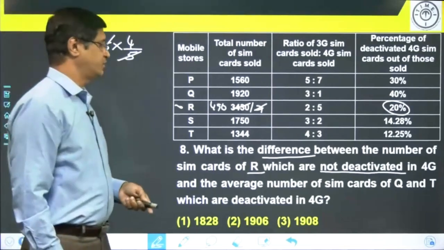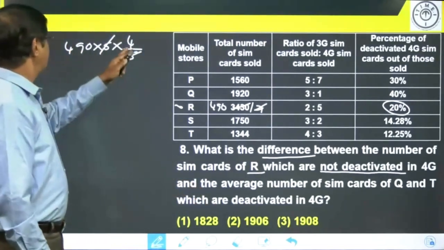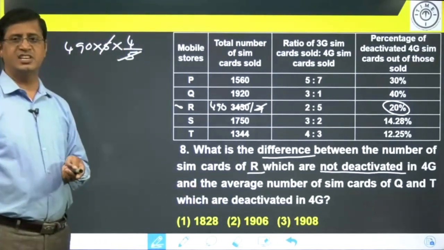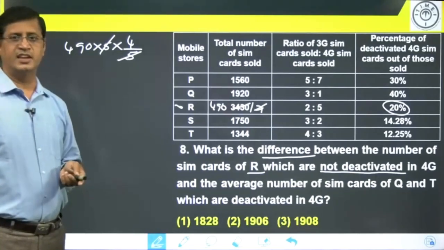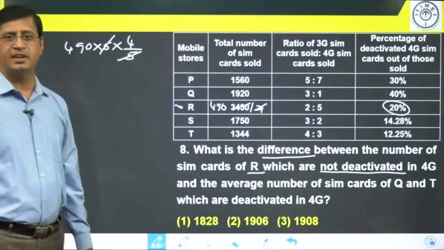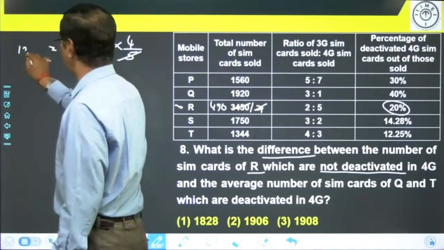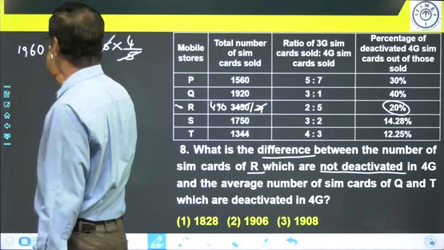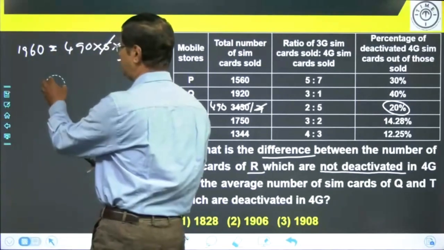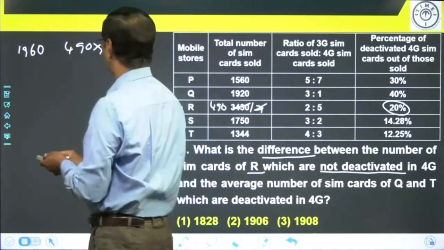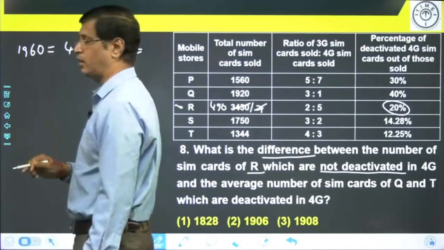Now 4 times of 490: 4 times 400 is 1600, 4 times 90 is 360. 1600 plus 360, the result is 1960. Let me write here: 1960 is the product of 4 times 490.